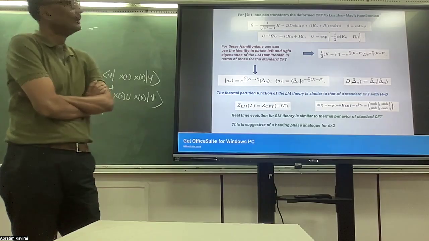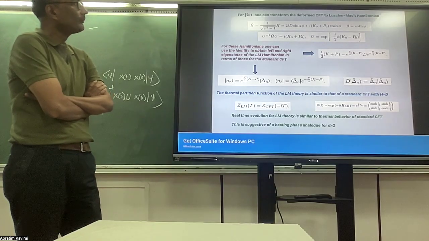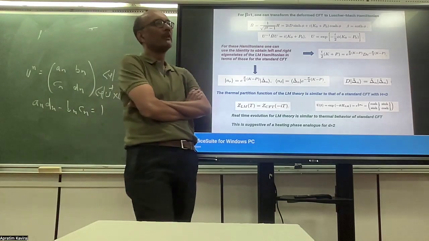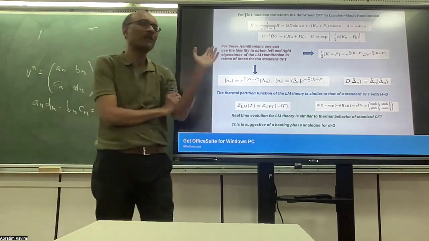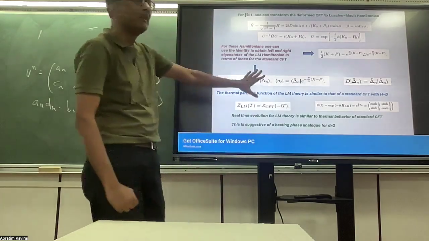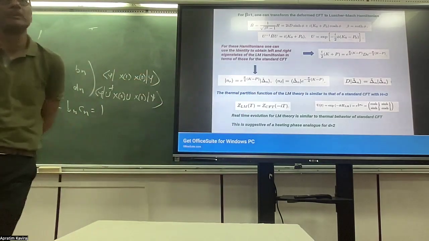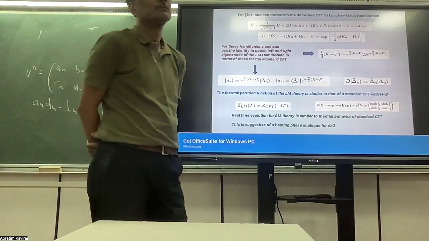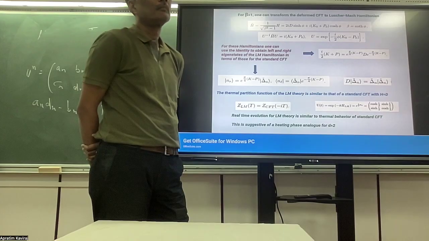Yeah, it might be a transformation in some sense. If you have this bosonic harmonic oscillator representation, it can be. I haven't thought about that, but it is possible. Lusher-Mack probably does that. Yeah, so that's the same thing.